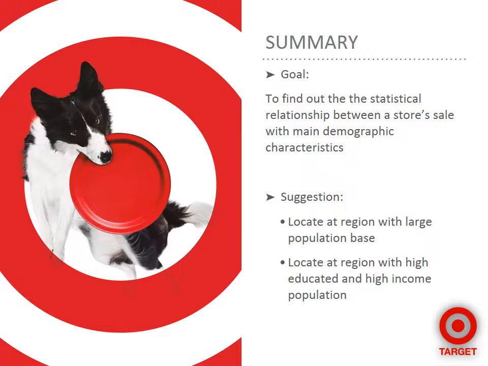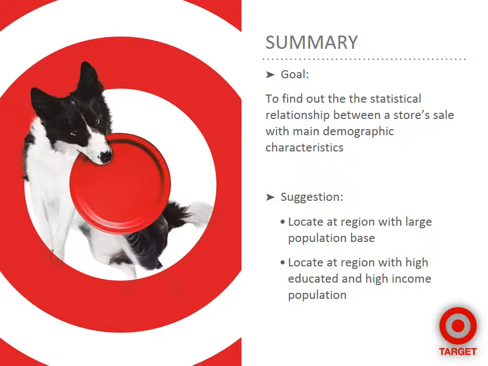So the goal of our analysis is to find out the statistical relationship between a store's sales and some demographic characteristics such as income, population, education, age, and race. So we try to determine whether the census data correlates with higher or poorer performance stores.